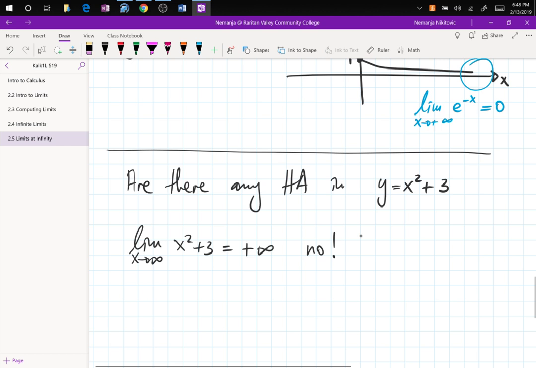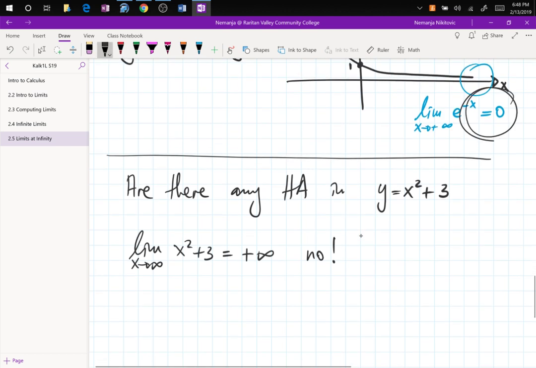It has to be a finite value, just like here. When the finite value is, let's say, 0, then your asymptote is at y equals 0. Well, we got infinity, and y equals infinity cannot be an asymptote. So no asymptotes there.